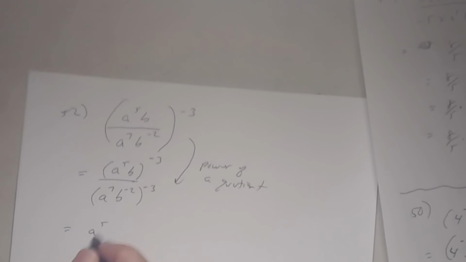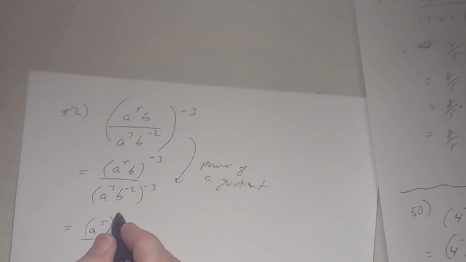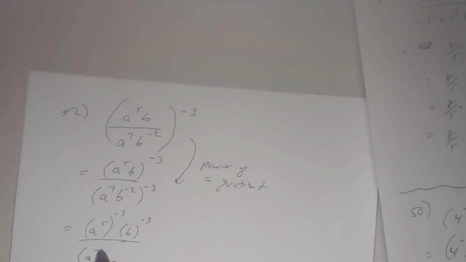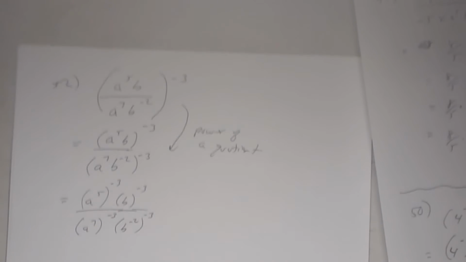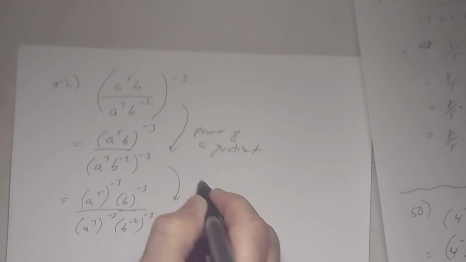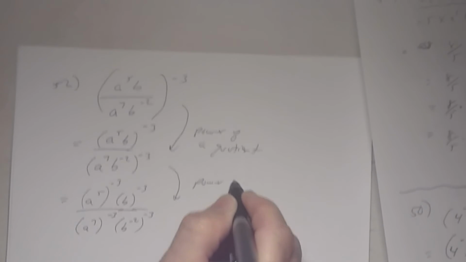So in the numerator, there'll be a to the fifth, in parentheses, raised to what power? B, in parentheses, raised to what power? Good. In the denominator, there's going to be a to the seventh, raised to what power? B to the negative second, raised to what power? All right, good. So from here to here, that was the power of a product.